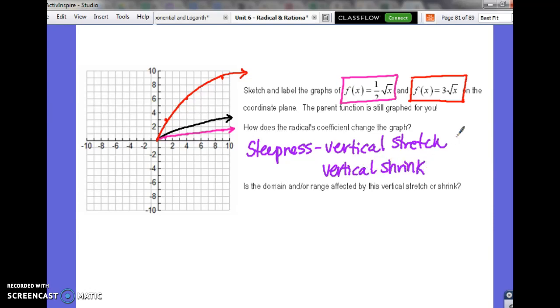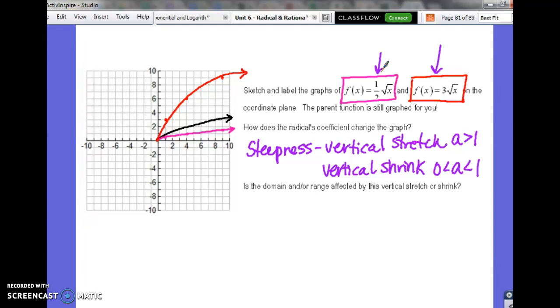And remember, if the number in front, I'll call it just A, because that's what you will typically see, is greater than 1, such as with this function, it is a vertical stretch. If that value of A is between 0 and 1, like a half or a third or 2/5, 3/4, whatever, some fraction between 0 and 1, that's going to cause a vertical shrink.